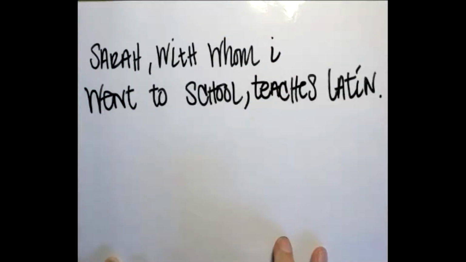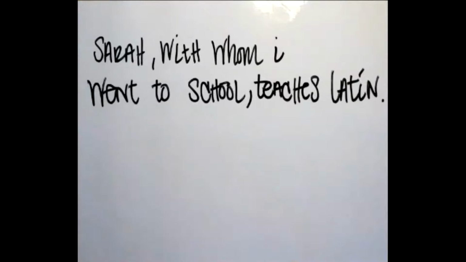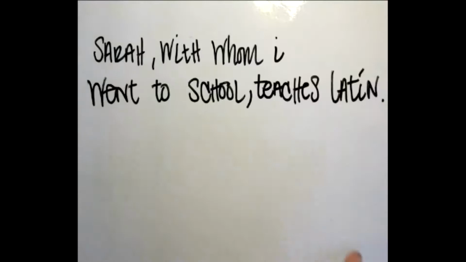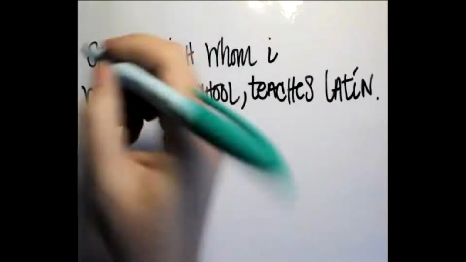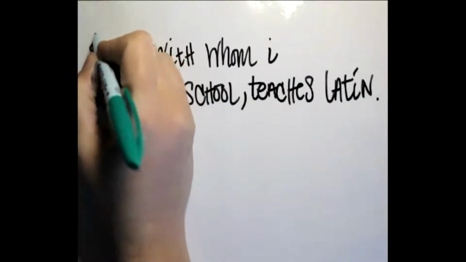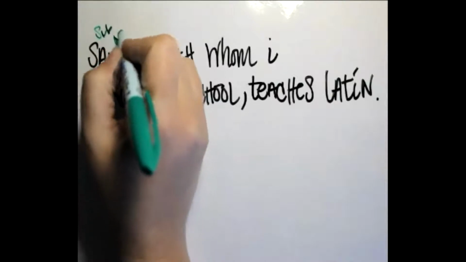Okay, did that all fit on there? Yeah. So in the previous sentence, Jeremy and who were both in the nominative. Here, Sarah's in the nominative. Sarah is the subject. So nominative.